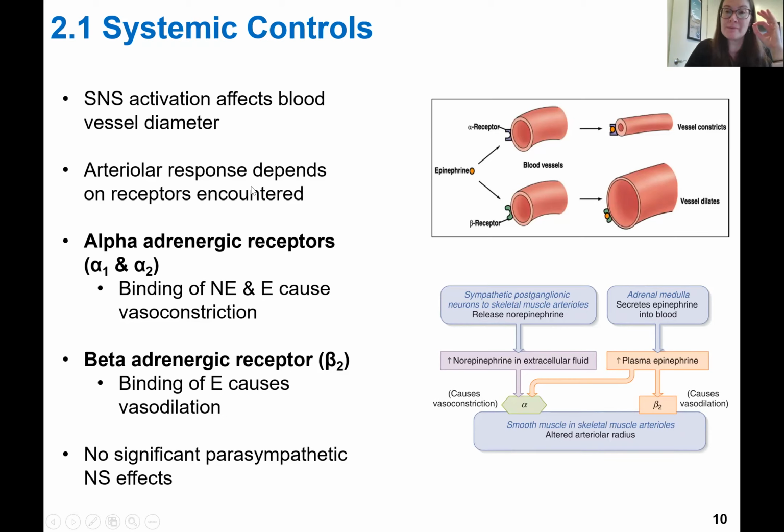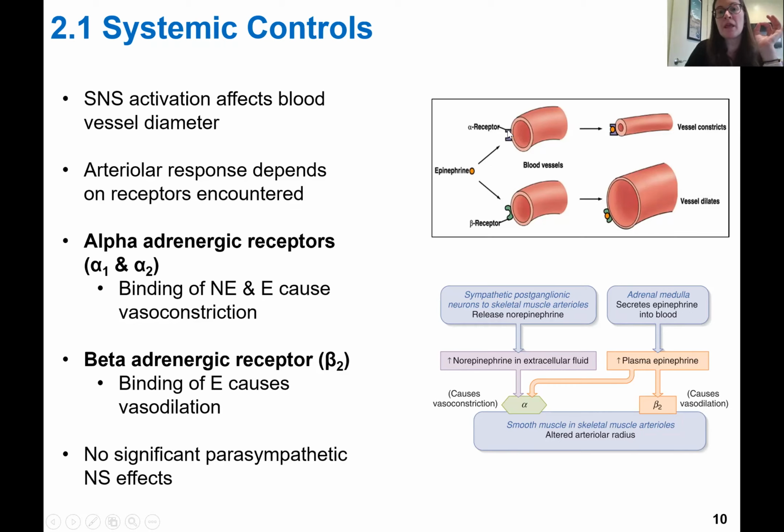And it depends on the receptors that are on the tissue. So if you have an alpha receptor on your blood vessel, and you get something like either norepi coming directly from the sympathetic nerves, or you get epinephrine that's been released from the adrenal medulla. Remember, both bind.